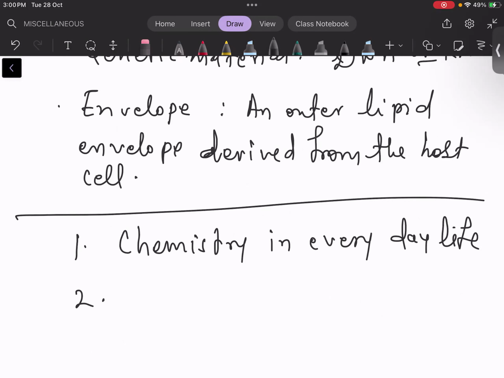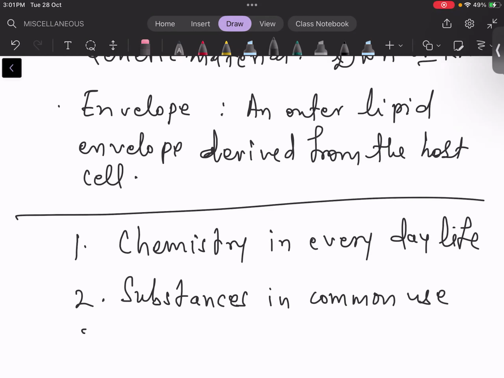Then second chapter, we completed substances in common use. And the third chapter, we completed from biology, is microbiology.